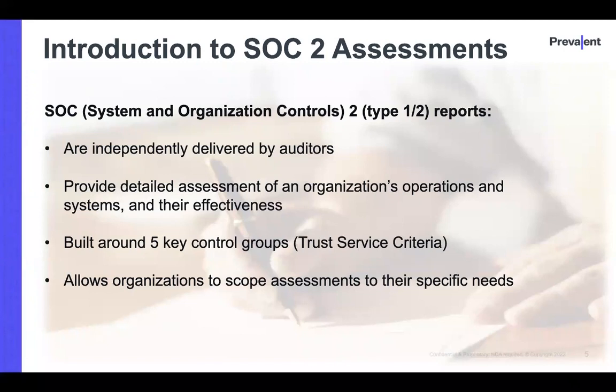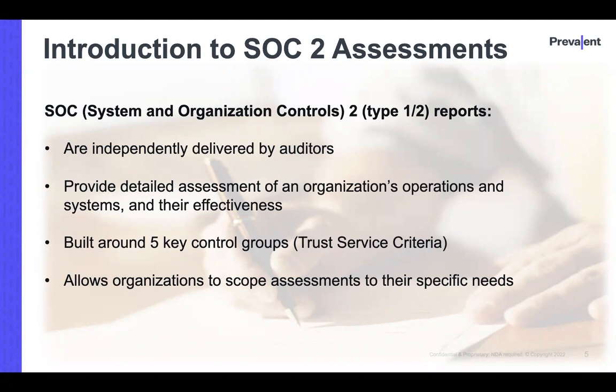Type 2 reports are longer, they're more extensive, and they provide more detail, both to the auditor and to the organization being audited, but also to their wider audience, customers, regulators, anyone else who may receive or request a SOC report.